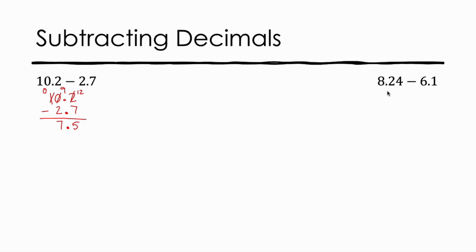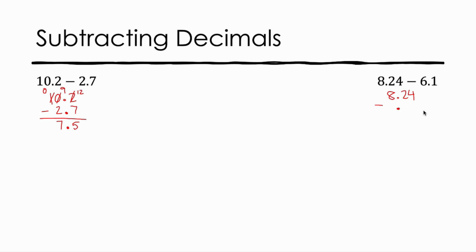Now let's go to this one. 8.24 minus 6.1. So let's lay this out. Oh, but now how do I do this? Again, we need to align our decimal points.